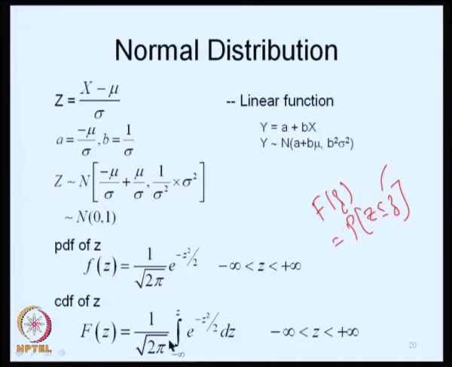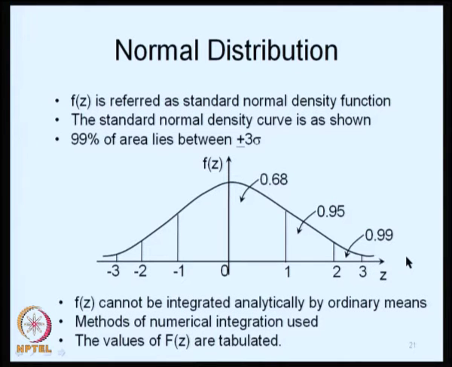However, again the integration of this is not easily possible with our usual routine methods, and therefore, we have to go for numerical integration. But the advantage here is that because it has a 0 mean and unit variance, it does not have any parameters, and therefore, for a specified value of z, you can integrate this and give the integral values, that is, the probability of Z being less than or equal to z for various values of z, and that is what is done using numerical integration.